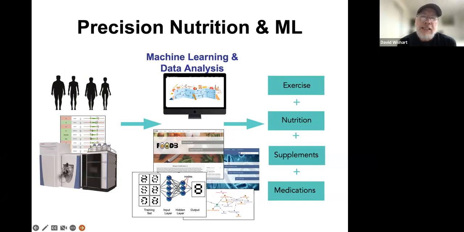And then to take that data and use the data resources that I've talked about, to use machine learning tools, the visualization tools, to help interpret that data, and then to come up with actionable information on nutrition or exercise or supplements, or even modifying it for medications.